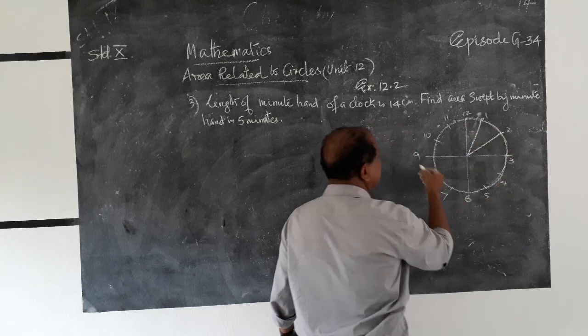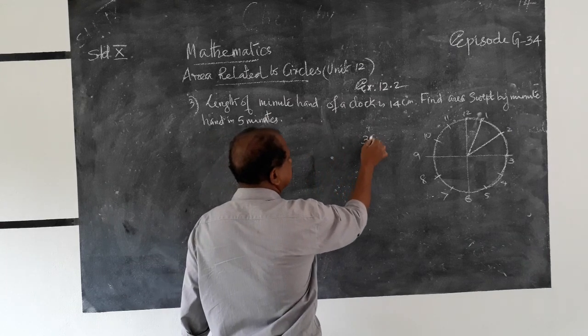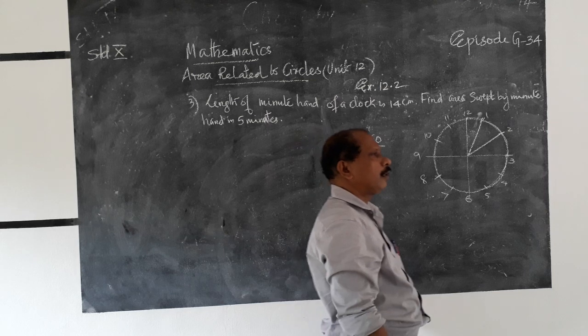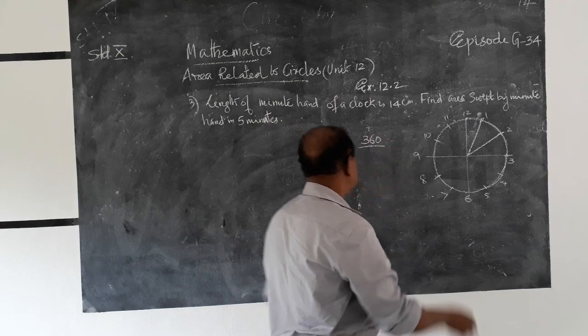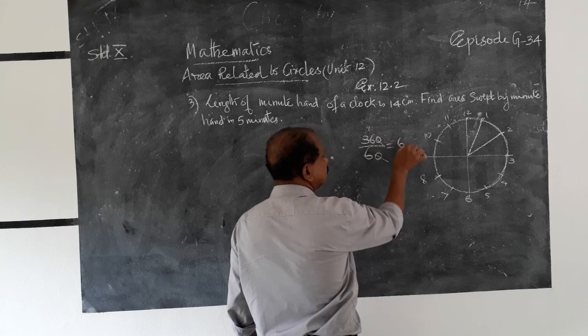Total angle is 360. Therefore, 360 is the total angle by 60 minutes, equal to 6.